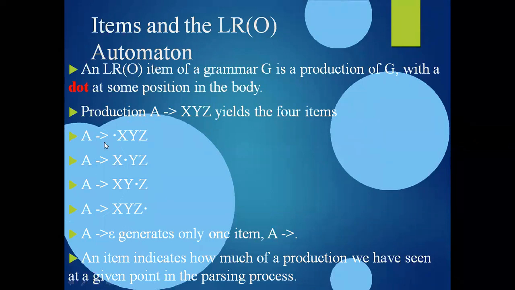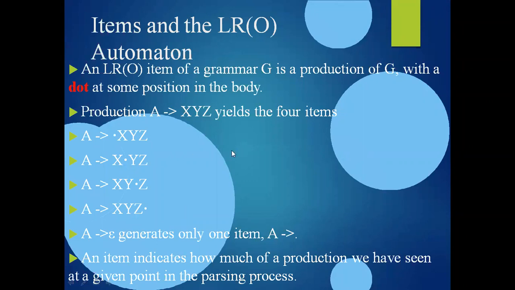It is a rule from the given grammar. The rule A tends to XYZ is a rule, and this yields the 4 items like this.